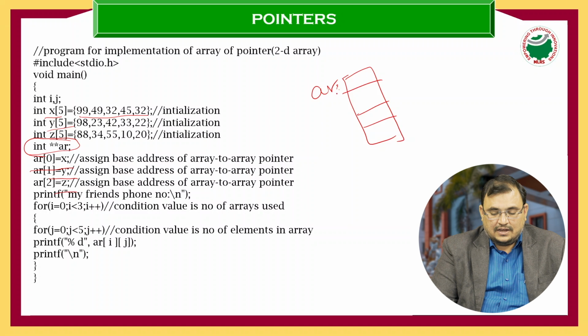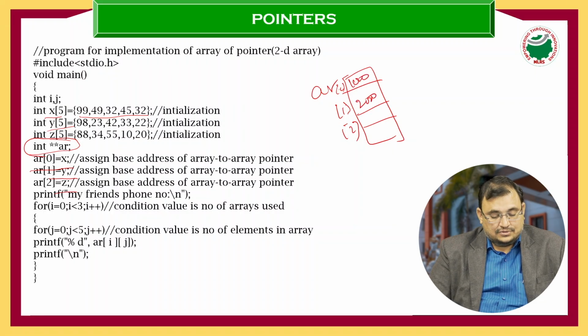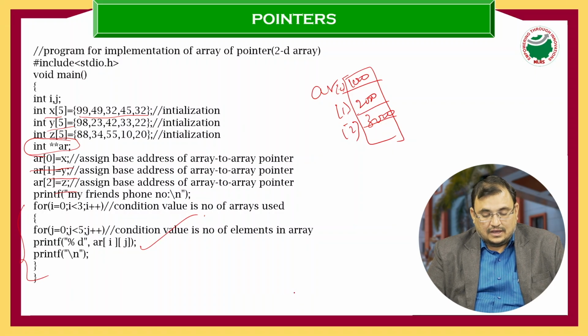So this is a of 0, a of 1, a of 2. I am storing the starting address of x, assume 1000 is stored here, and y, assume starting address is 2000, assume z address is 3000. So you can access this, and using this code I am printing each element of the array using the array of pointers concept. Hope you understand this.